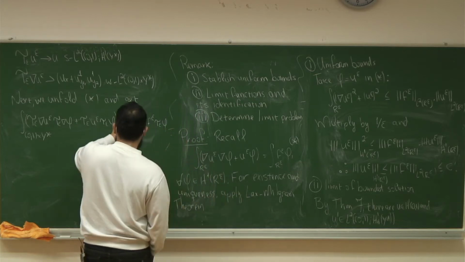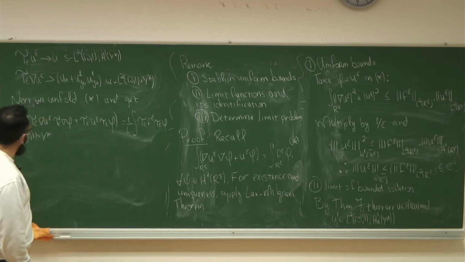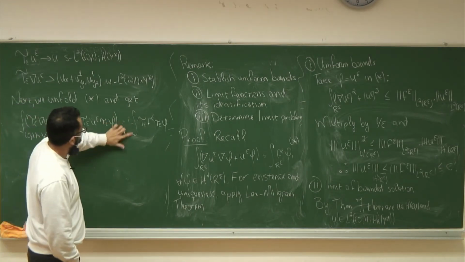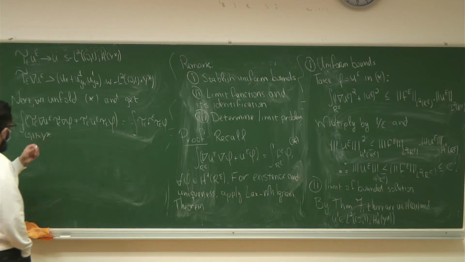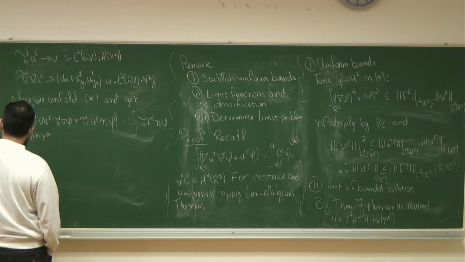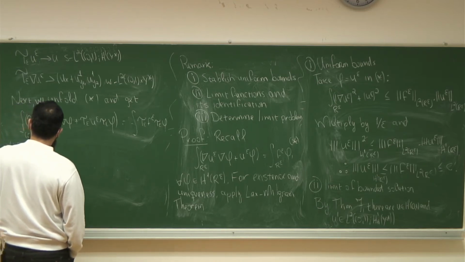Notice that there would be a 1 over L here and here, but we can drop it because it is on both sides, so there is no problem, for any phi in H1 of R epsilon.